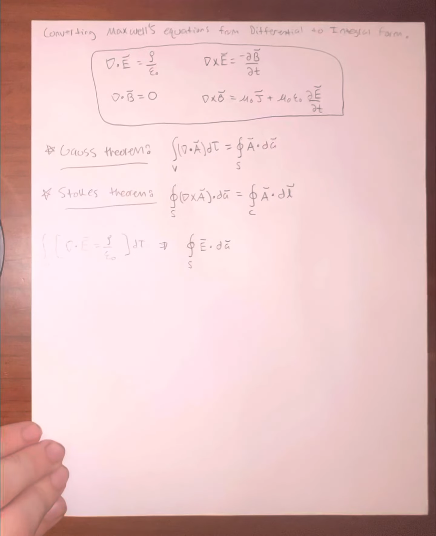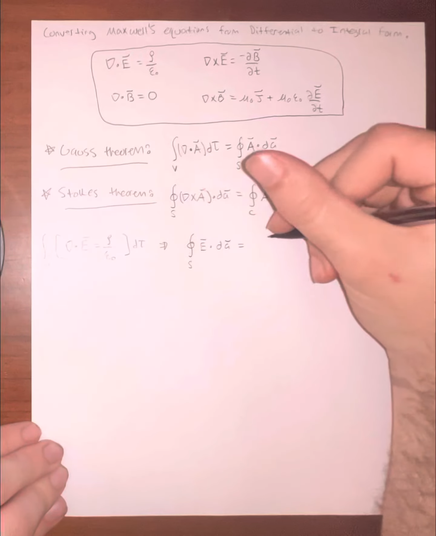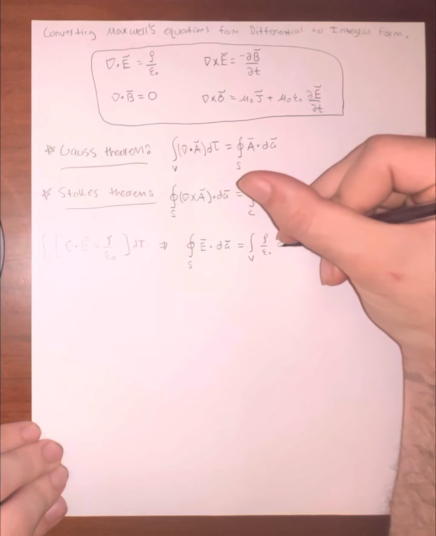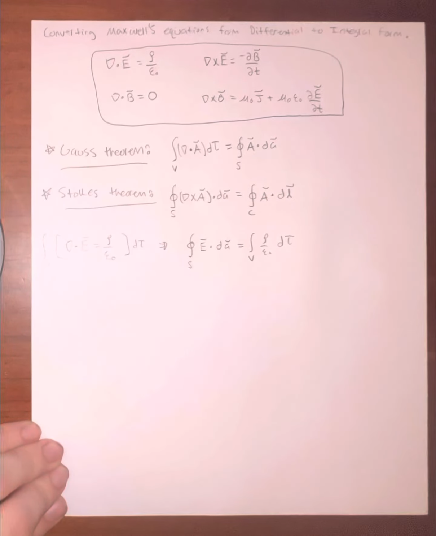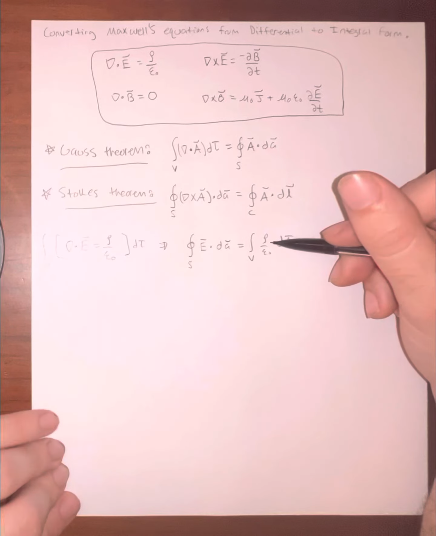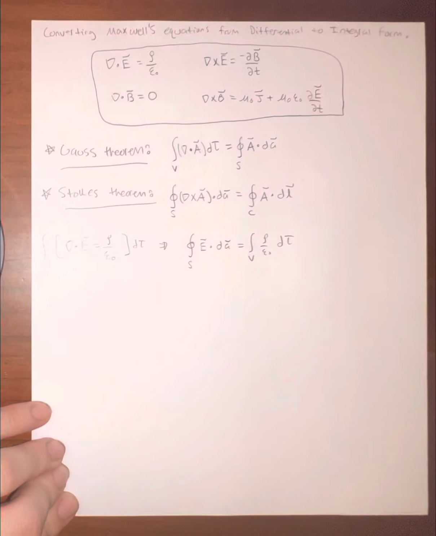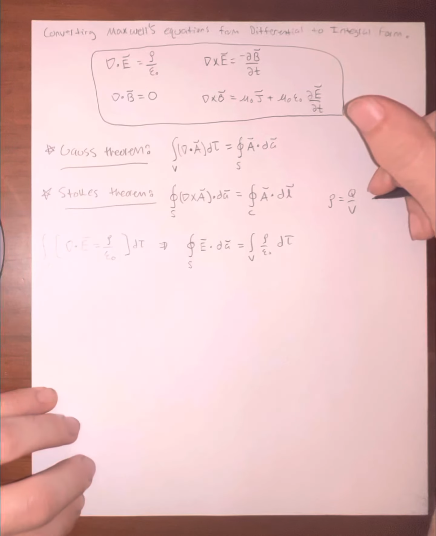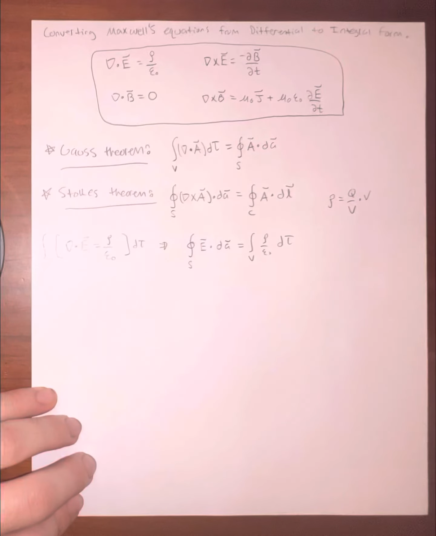So we have the integral over V of rho over its volume. So this is just going to equal, if rho is charge over volume, then the integral over that volume is just the charge, because rho is basically q over v. If we times that by v, then we just get q.